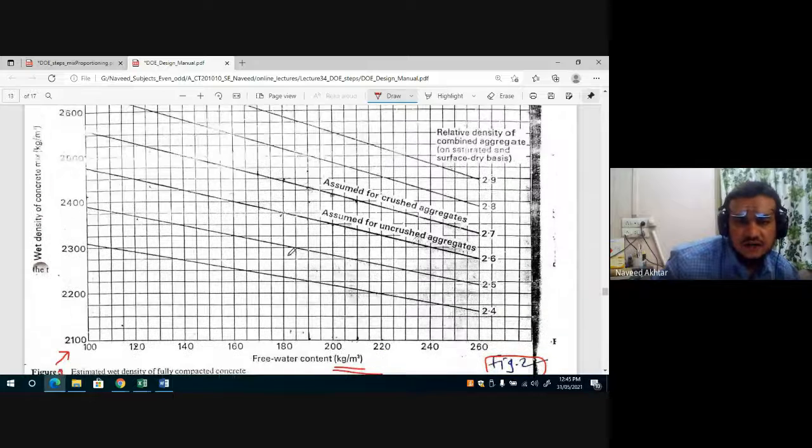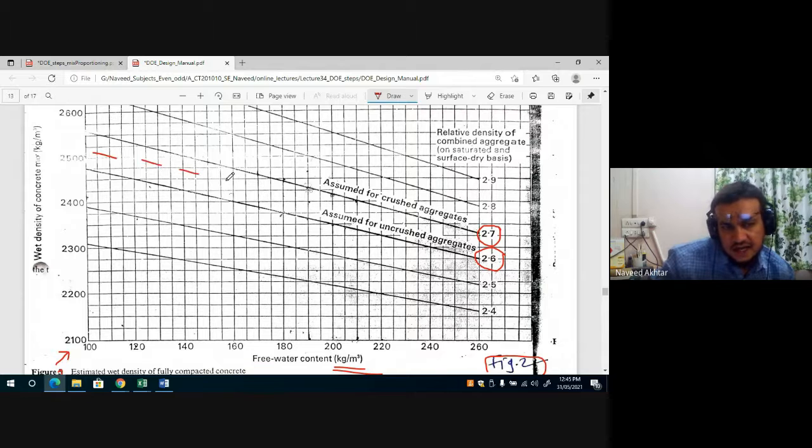Based on the free water content and the specific gravity of your aggregate, which may be between 2.6 and 2.7, you have to draw the parallel line to it. If your water content is 190, then 190 will be here, so your density will be 2400 kg per cubic meter.